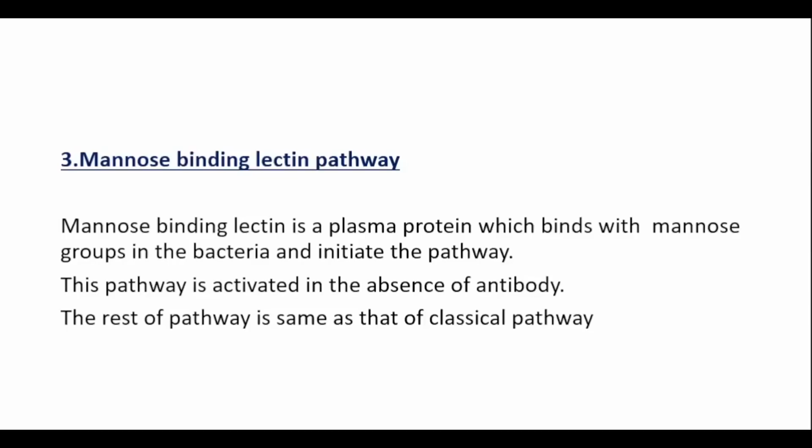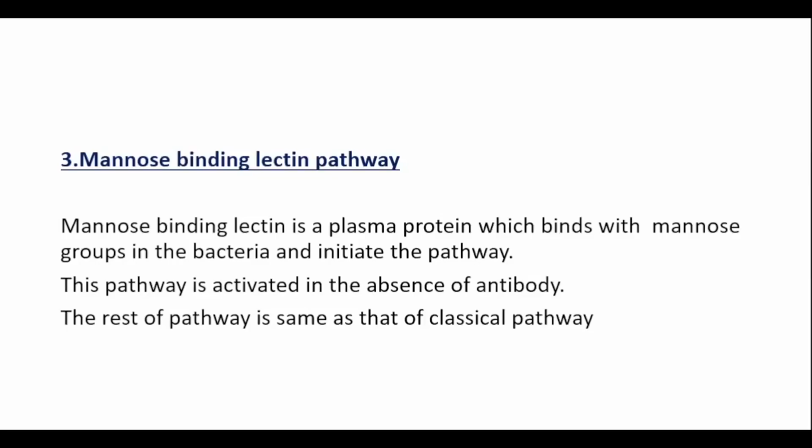This complex activates complement components C4 and C2, and these activated C4 and C2 form the C3 convertase complex, and this C3 convertase cleaves C3 into C3a and C3b. The rest is the same as the classic pathway, and like the alternative or properdin pathway, the mannose binding lectin pathway also results in the formation of a membrane attack complex that leads to lysis of the infectious agent.